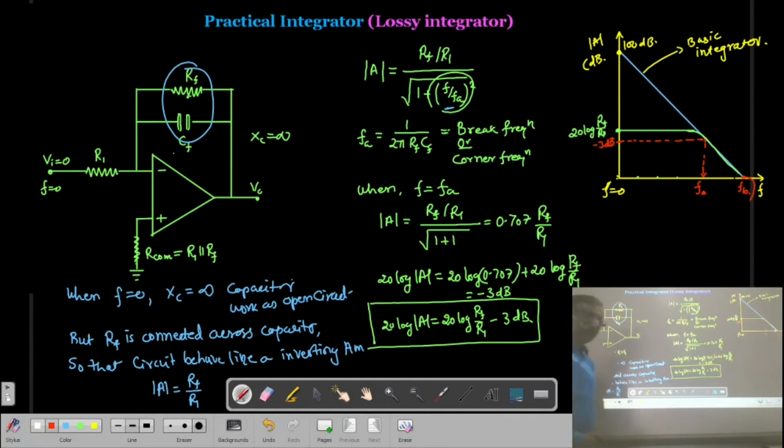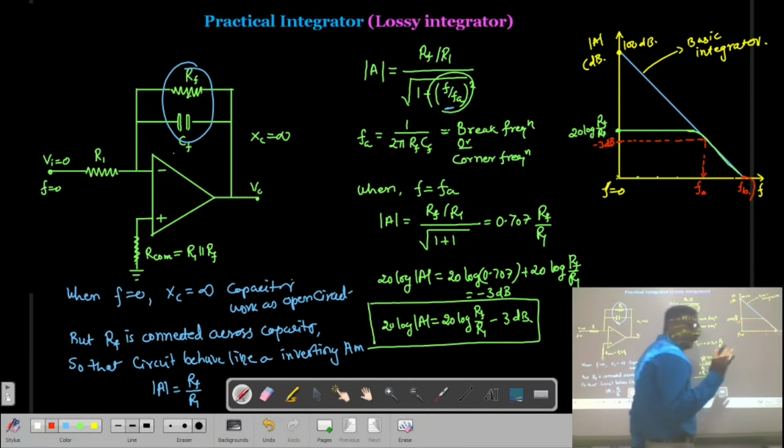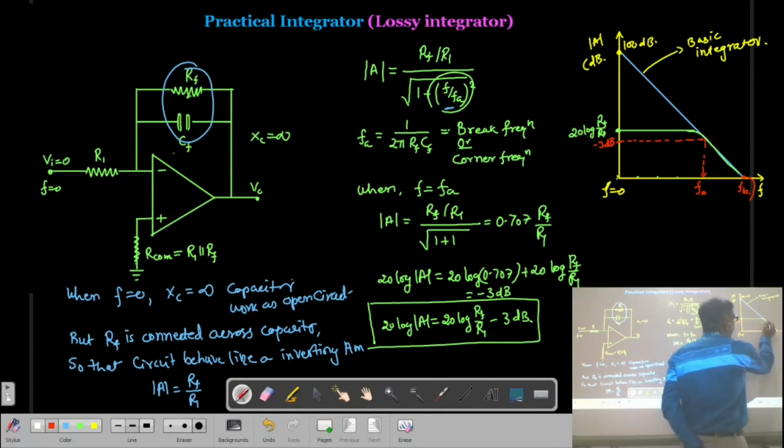So what does this mean? This indicates that the integration is taking place between Fa and Fb. This is the integration range, you can say.